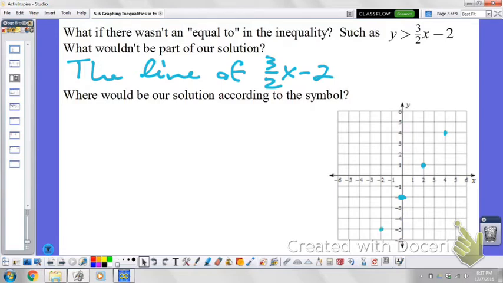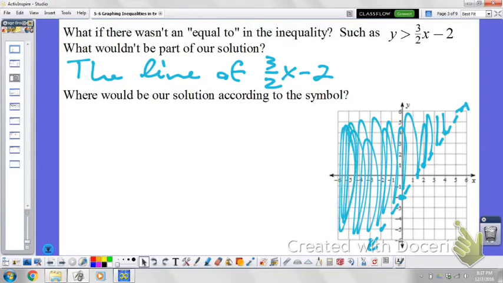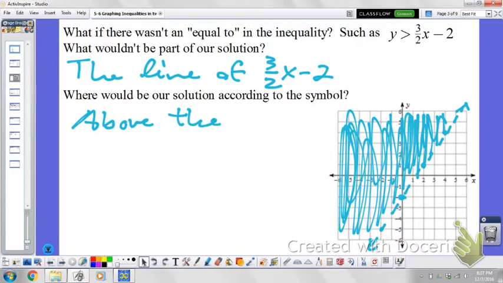But instead of drawing a line, I'm going to use a dashed line to show that my line cannot be part of my solution. And since we're dealing with a greater than, I'll be looking for the y values above my line. So I'll shade everywhere above my line. So the points above my line are the ones that are going to be solutions to my inequality. So where would our solution be according to the symbol? Above the dashed line.